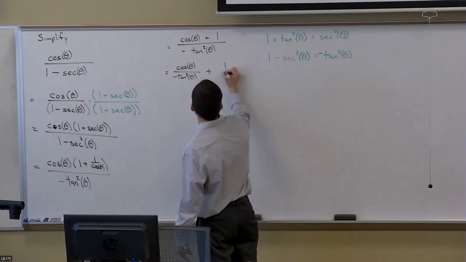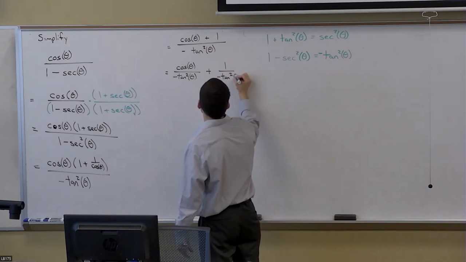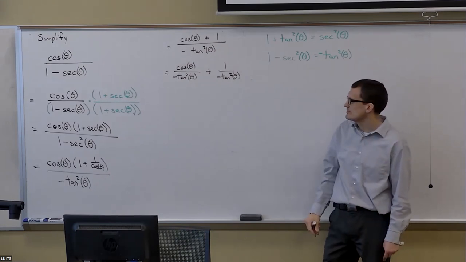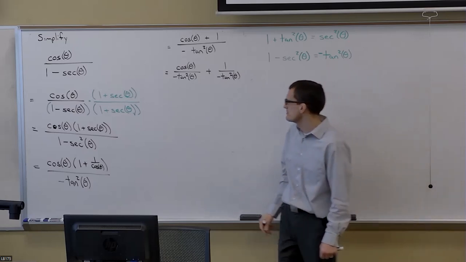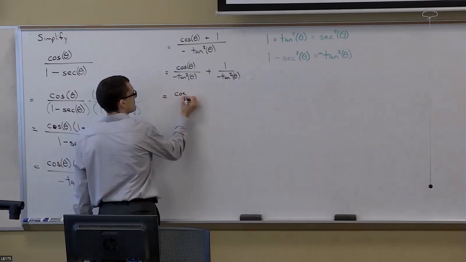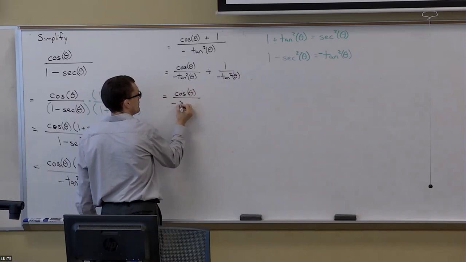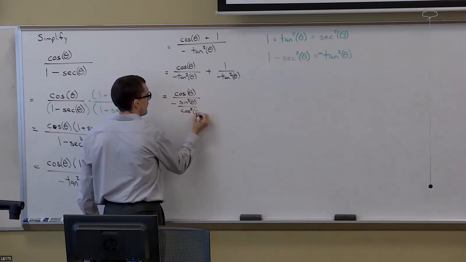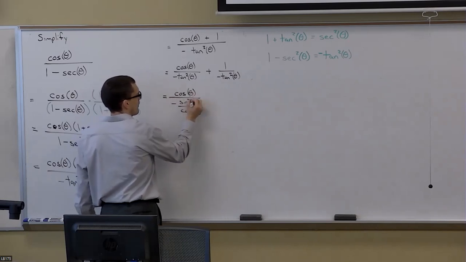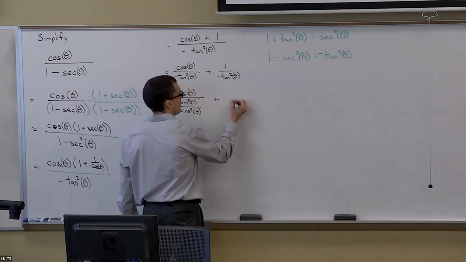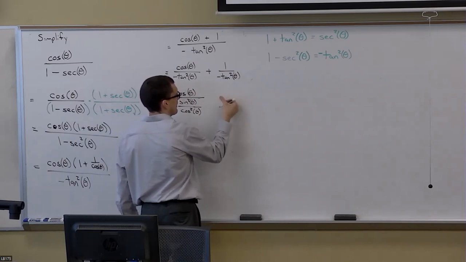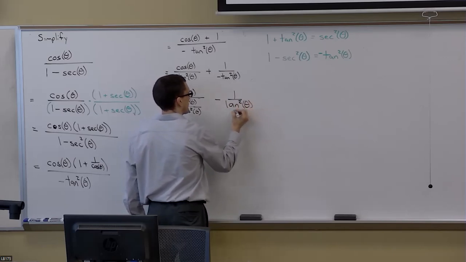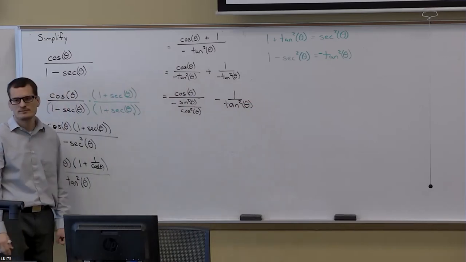That's not going to help me a whole lot. 1 can get divided by negative tangent squared. Now I'm using minus. Okay.